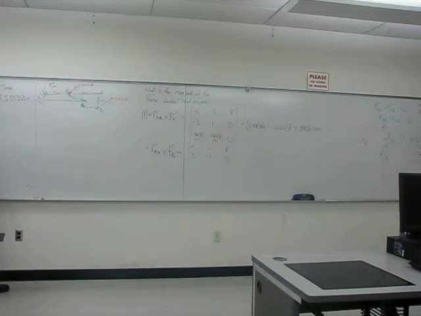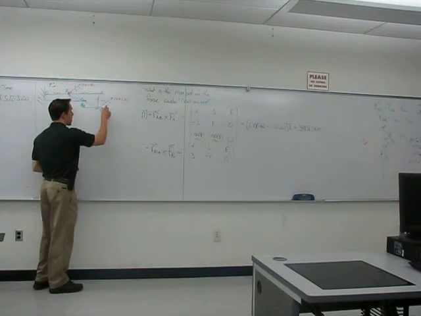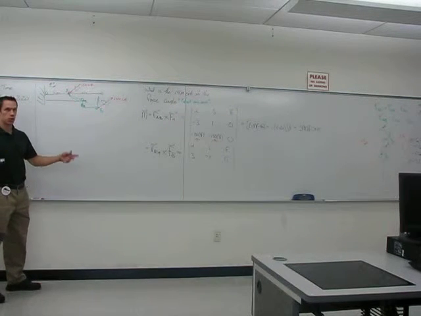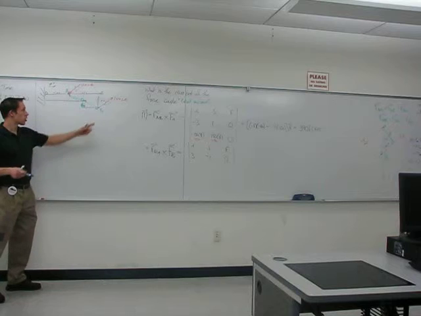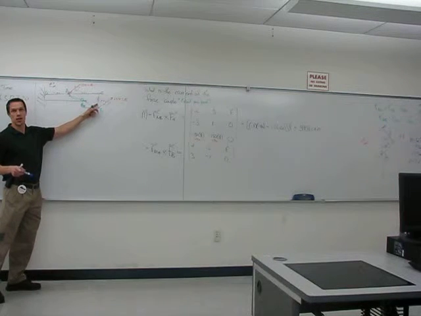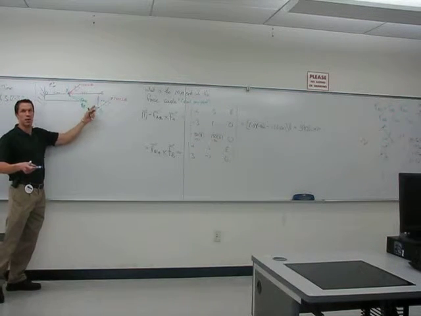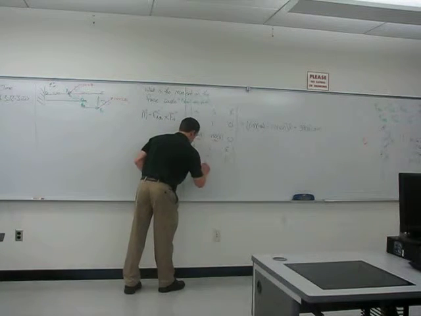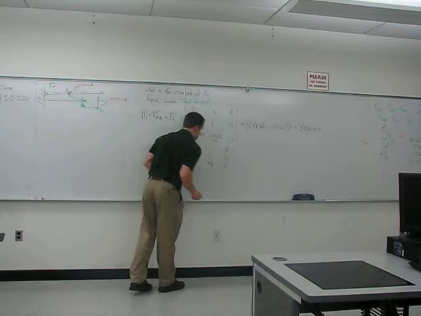Now it's still going to be 150 times the cosine of the angle, so it's still going to be the 120, but now positive 120. It's still going to be 150 times the sine of the angle, so still going to be 90, but now in the positive y direction here. So we're going to get the 120, the 90, and the 0 here.